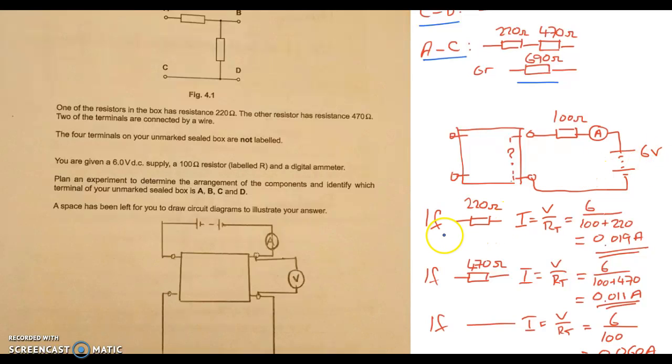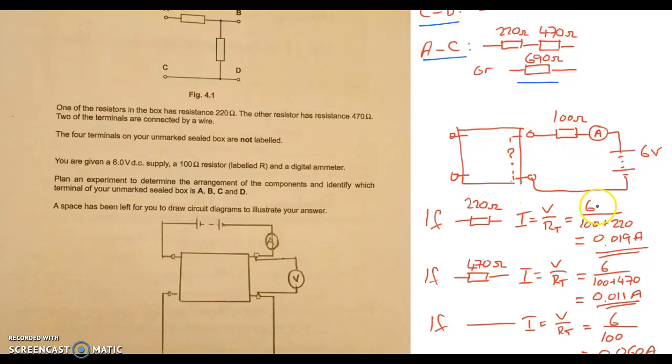Okay, so let's imagine that we've connected across two terminals and it happens to be that between those two terminals we have 220 ohms. Then the current that we're going to record is going to be the voltage of our power supply divided by the total resistance in the circuit.